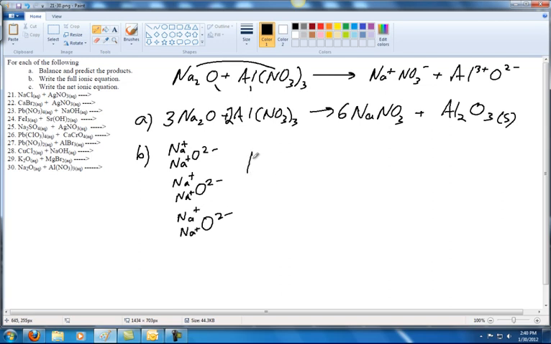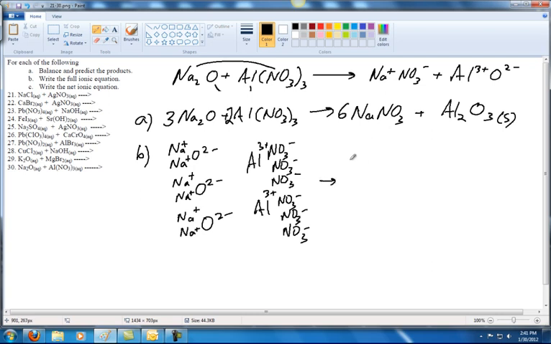And over here I've got 2 Al(NO3)3, and that's going to be 1 Al and 3 NO3s. Each of those has a -1 charge on the NO3s, 3 plus on the aluminums.